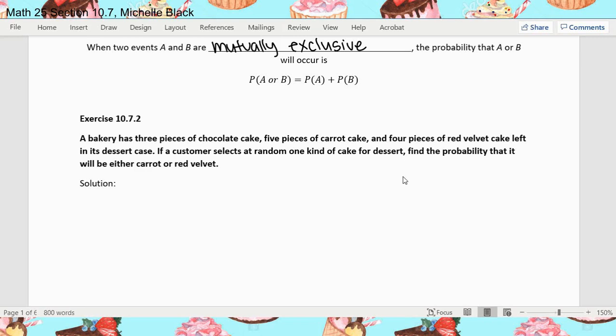For starters, the piece of cake that you pick is never going to be 2 flavors. So I'm never going to have a piece of cake that's both carrot and red velvet. So this event that we're talking about is mutually exclusive. Because it's mutually exclusive, addition rule number 1 applies.